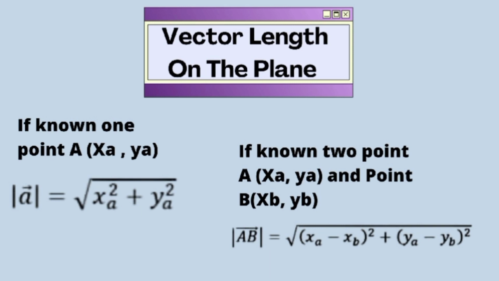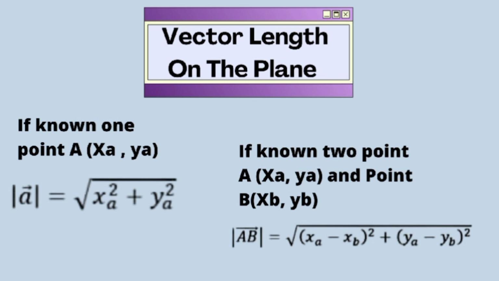If known one point A of XA and YA, vector A equal square root of XA powers of 2 plus YA powers of 2.